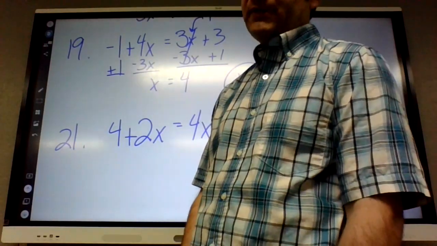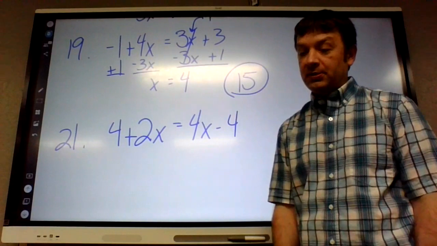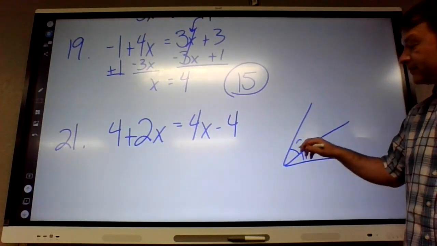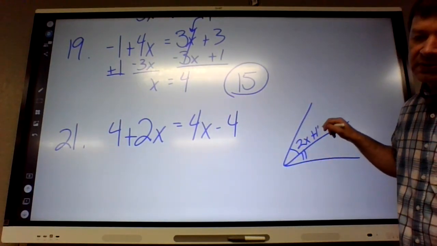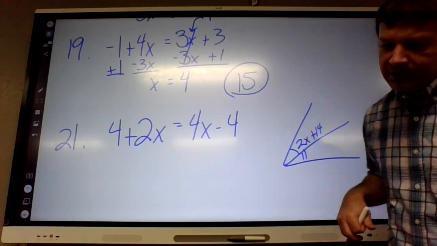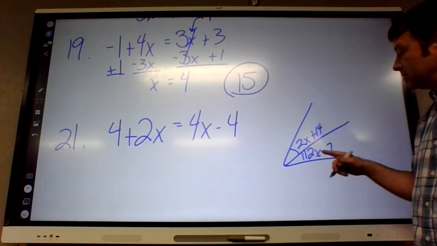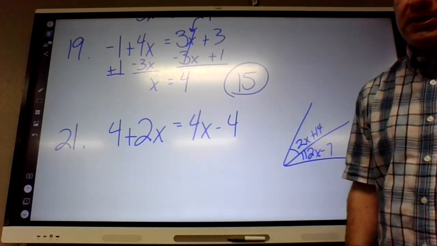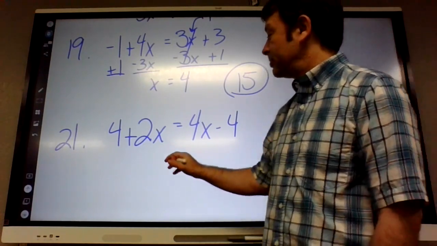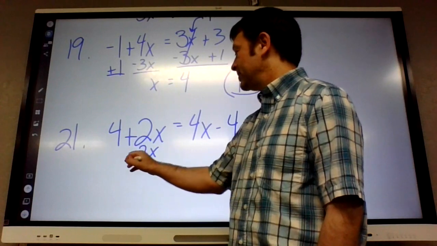Yeah, 125 is angle T, just like it looks, and then 2x plus 14 is in this angle. What's the other one say? 2x minus 7. They're in those corners. Okay, I didn't do my algebra on this one, so go back and finish it.